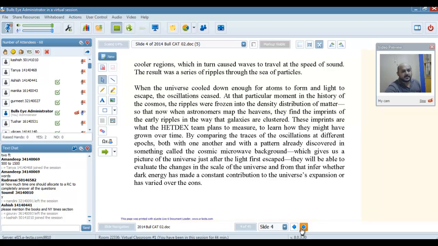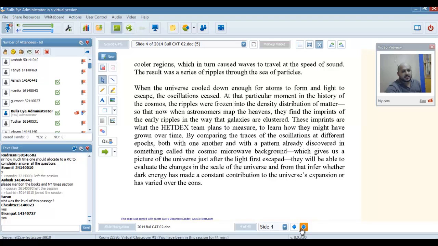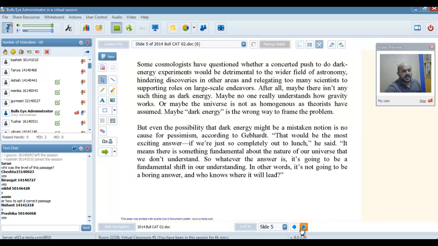Guys, read this slide. Taran, the level of this passage is a good one. This is a good passage. Shifting to the next slide.